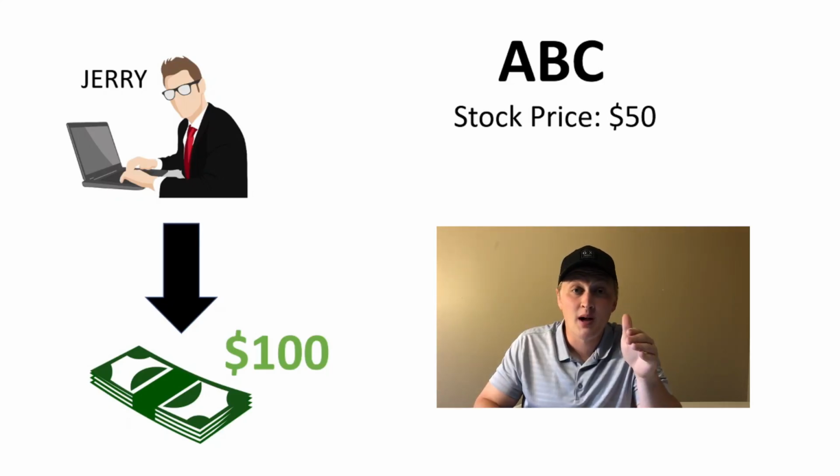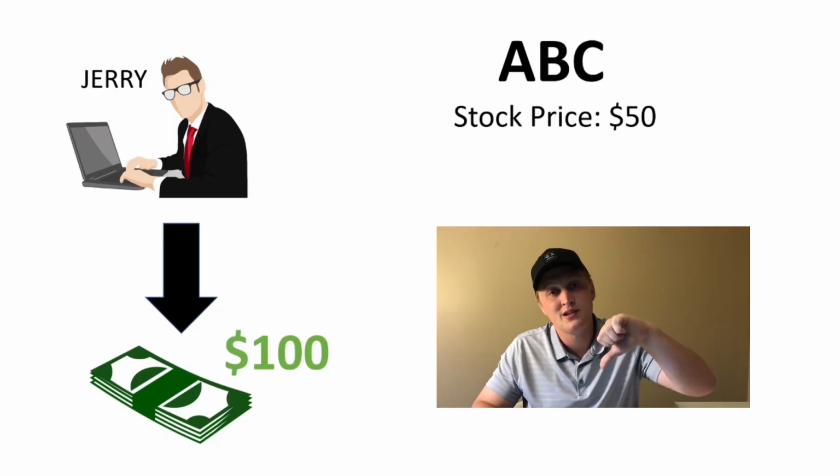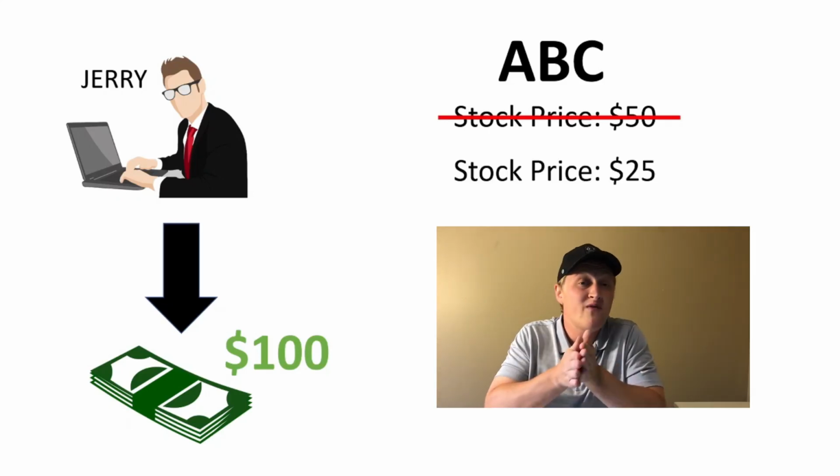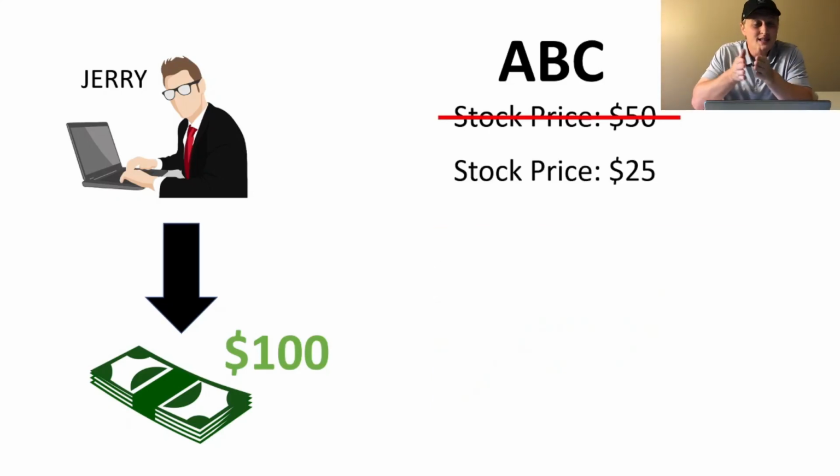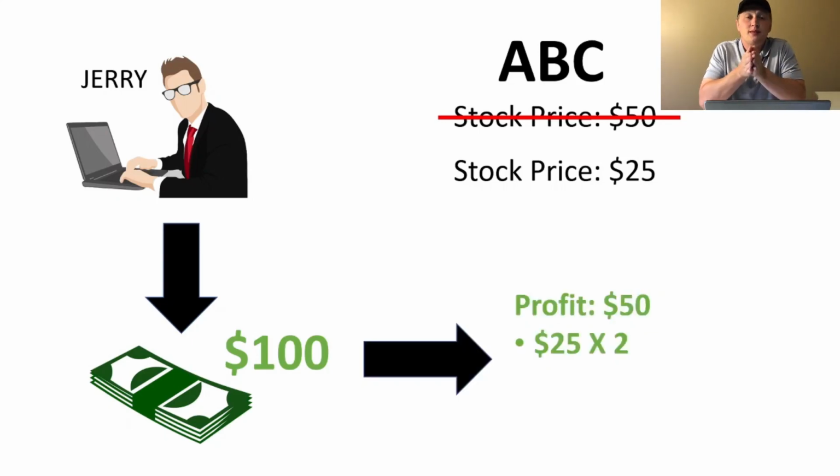Let's say in a couple months the stock price drops 50% down to $25. So what does that really mean for Jerry or a short seller? Essentially what that means is that Jerry is going to make $50 in profit. So he has those 2 shares that he sold of company ABC, and he buys the shares back at $25 and returns the shares to the brokerage.